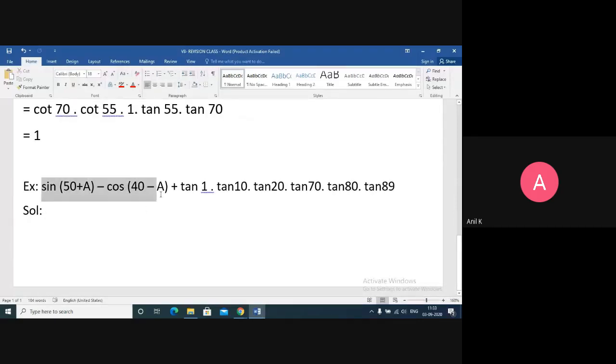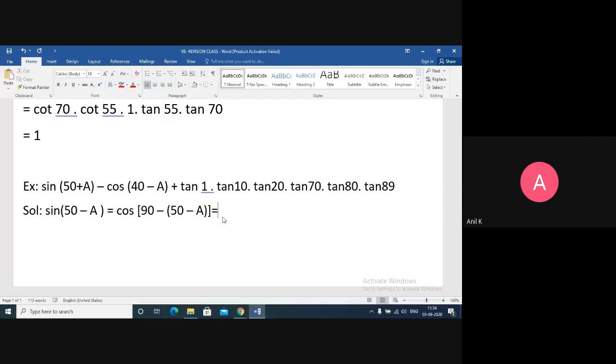Out of these two numbers, sin 50 plus a, cos 40 minus a, you convert any one of them. I can write sin 50 plus a equals to, you can write this as cos 90 minus theta. Here theta is going to be 50 plus a.